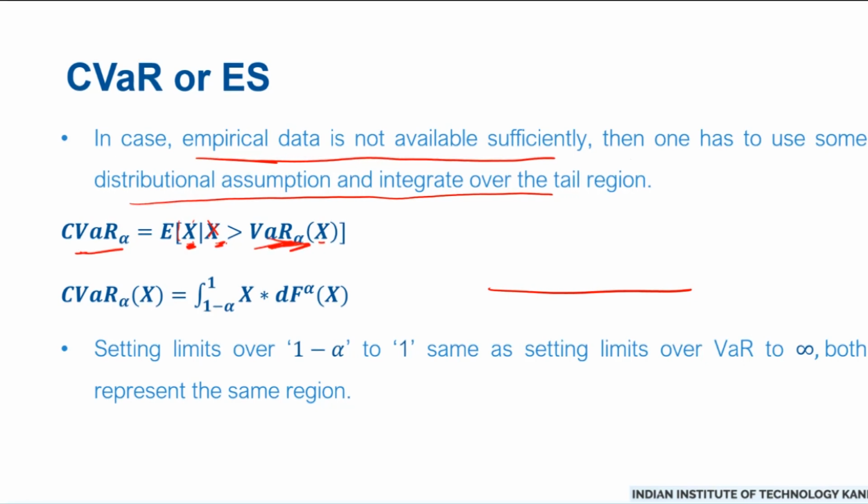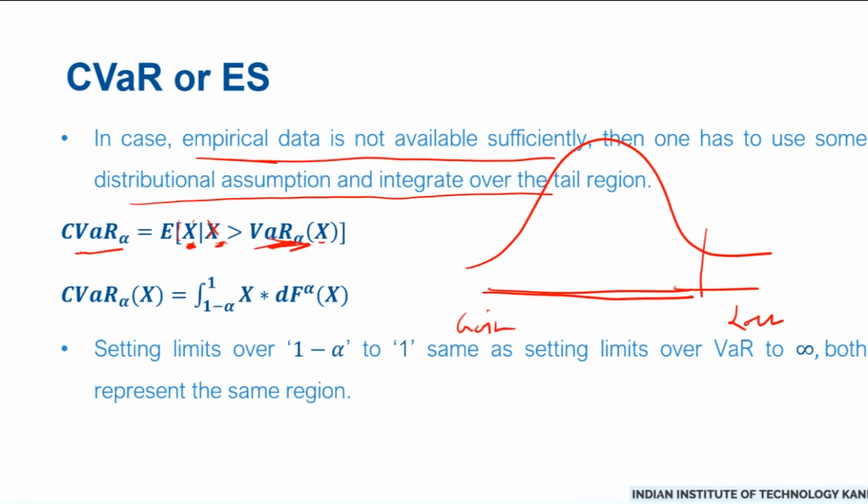For a continuous probability distribution, like the normal distribution, let's say we are looking at the loss distribution. That means on this side we have losses and on this side we have gains. Let's say this is my VaR level at 1 minus alpha. Probably we are looking at a 95% confidence level, which means this is my 95% level, 1 minus alpha, and this is my VaR.